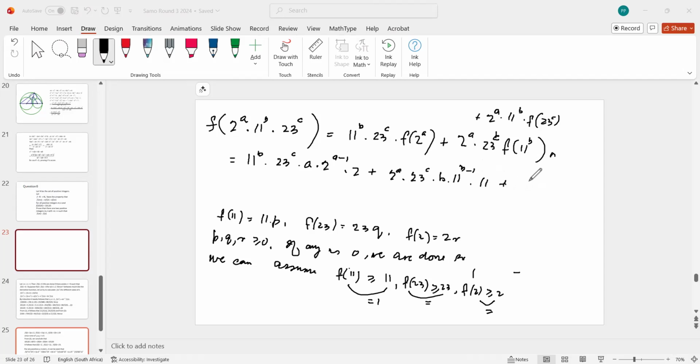Here you have 2 to the a, 11 to the b, and here you have c times 23 to the power of c minus 1. I'm looking at this one here now, and times f of 23, which is 23.